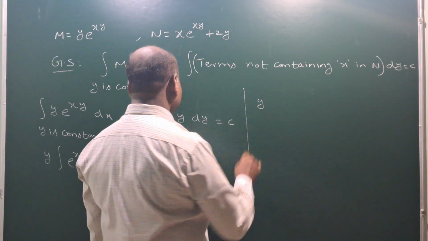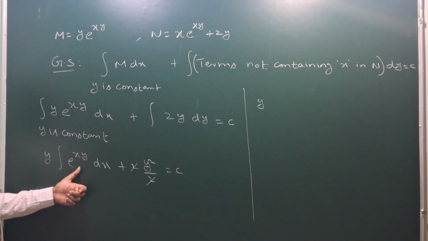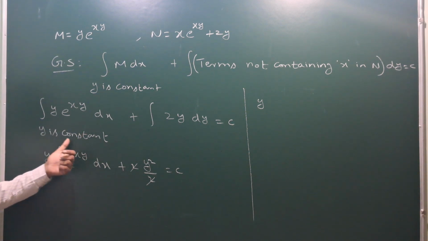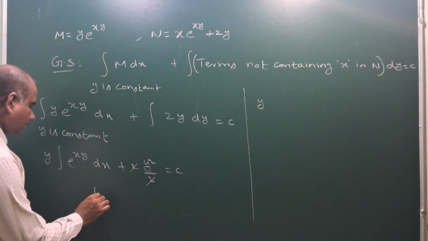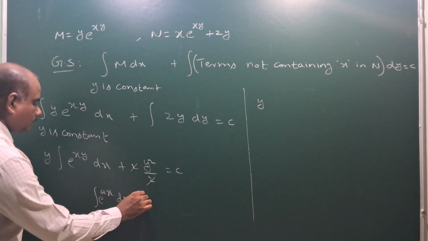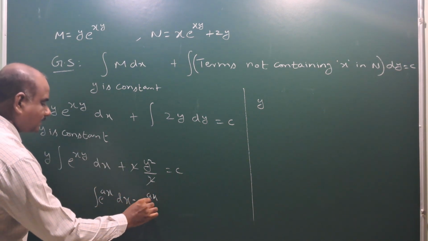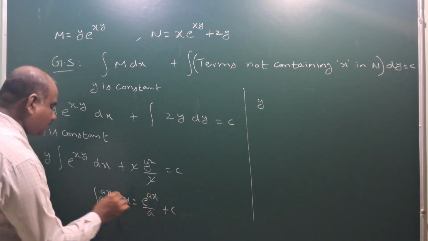So y into, here y is constant, we integrate the function with respect to x, treating y as constant. So we apply the formula: integral e^(ax) dx is equal to e^(ax)/a plus c.